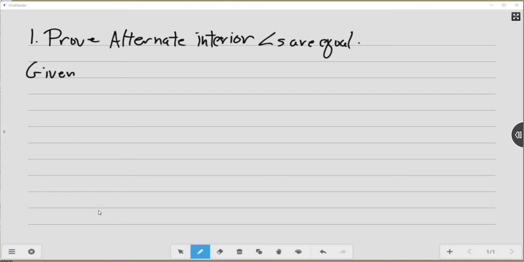So I'm going to tell you, as always, what's given. I'm going to say that L1 is parallel to L2, that's the line. And I'm going to have L3 parallel to L4. And not only are L3 and L4 parallel, they are perpendicular.